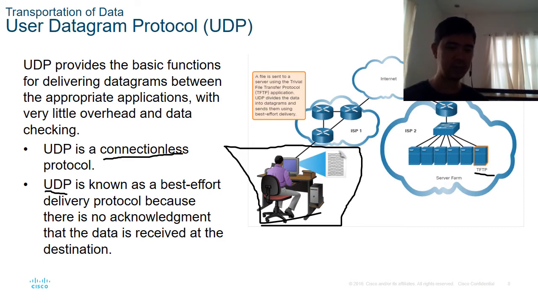So it will try its best. That's why it's called best effort in delivering the pieces of segments. There's no acknowledgement, and there's also no sequence number in the User Datagram Protocol. The good thing with UDP is that it's faster compared to TCP, because there's little overhead, and with no acknowledgement, there's no idle time.